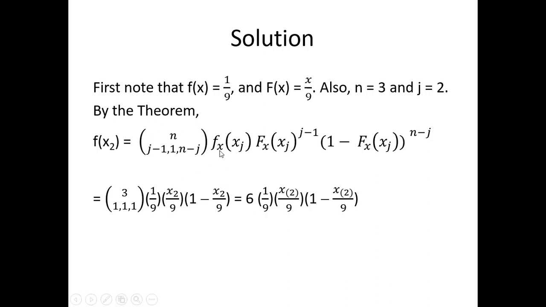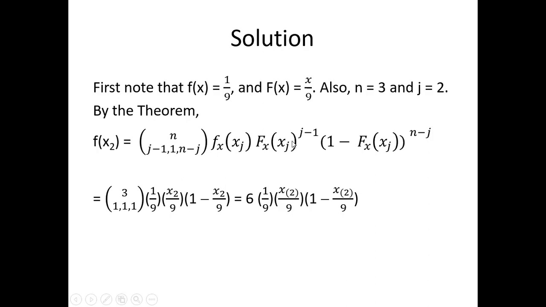Then I have f of x2, but we know that f of any of these x's is 1/9. So this second term is 1/9. The cumulative distribution would be capital Fx of xj, so x2.